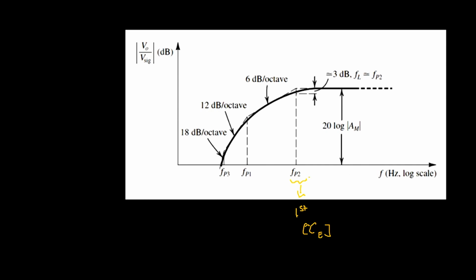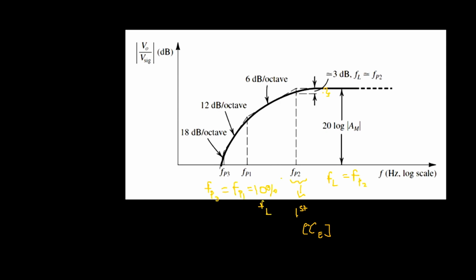So the usual value of FL is the place where it starts going down. That is 3 decibel below your midband gain region. So FL is equal to FP2, and usually FP3 is equal to FP1 is equal to 10% of FL.